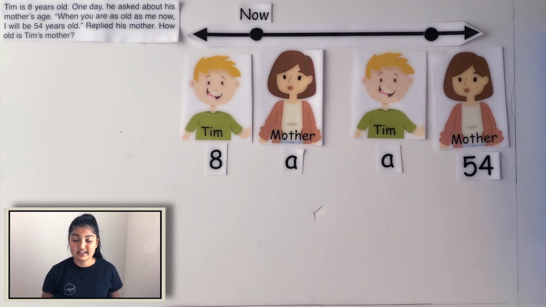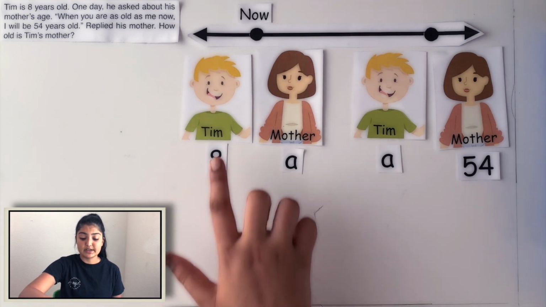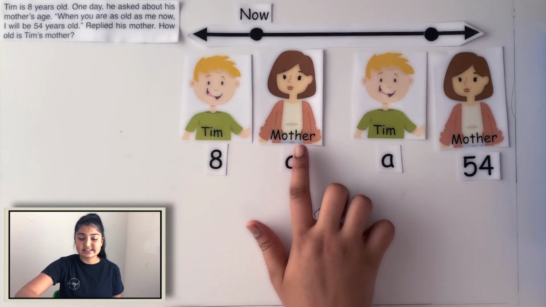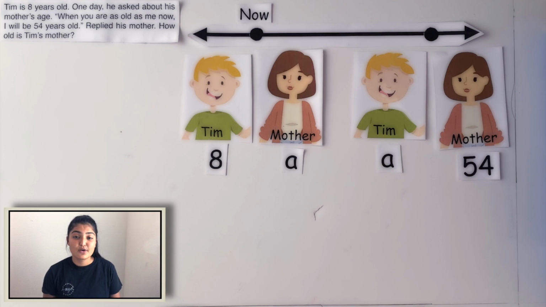Remember, the difference in years between Tim and his mother's ages will always be the same, no matter how old they are. In other words, the number of years between Tim's age and his mother's age will always be the same, no matter how old they are.